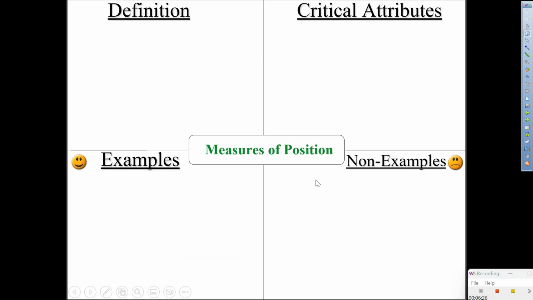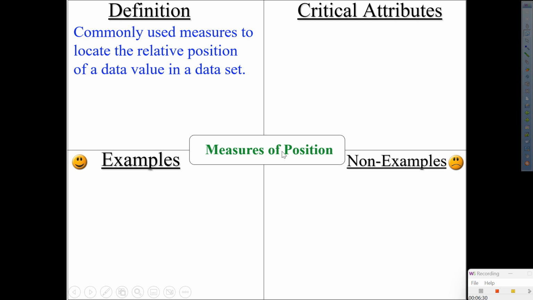All right, so measures of position. What are these? Measures of position are commonly used measures to locate the relative position of a data value in a data set.